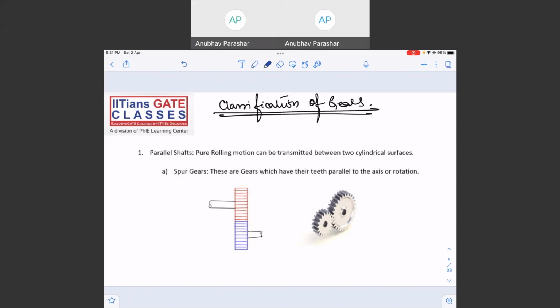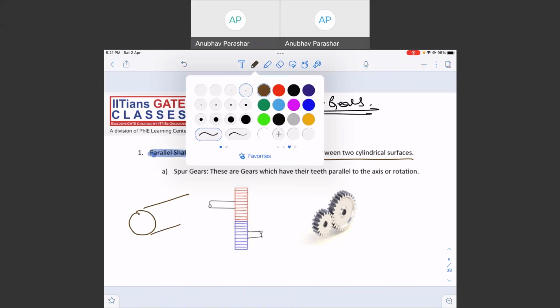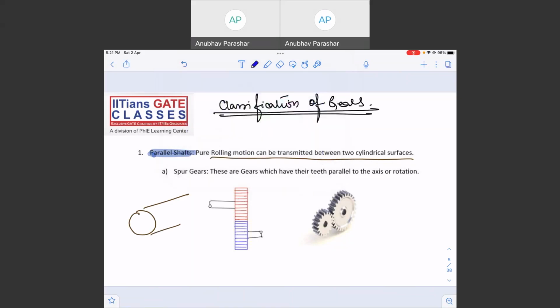First, if the shafts are parallel to each other, pure rolling can be transmitted between two cylindrical surfaces. So if two cylindrical surfaces are in contact with each other, we can transmit pure rolling between them.